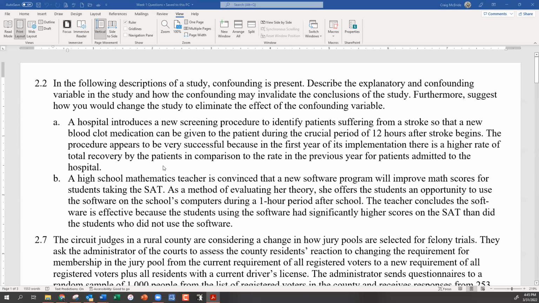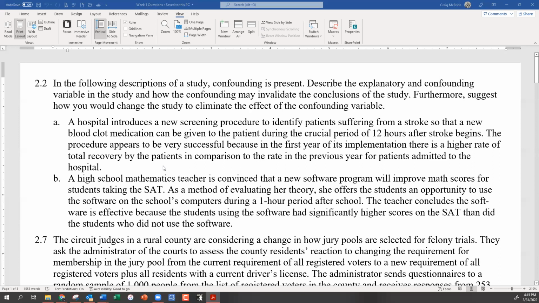But it does say they're hoping that the software program will improve math scores, which would make me think, well, how would I know if it improved if I didn't know what they did before, right? So yeah, I'm with you. They don't explain it well enough for you to know that they're actually doing a pre and post. So with the absence of a pre and post, their own aptitude is a huge confounding variable for sure.